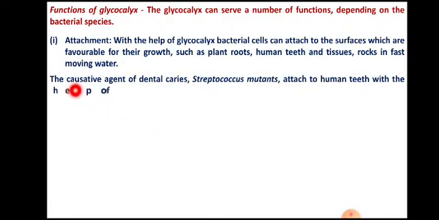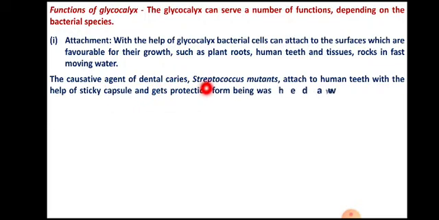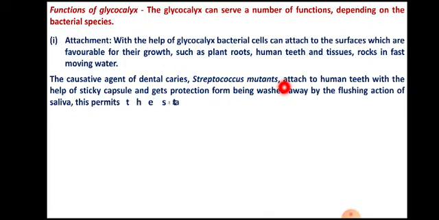The causative agent of dental caries is Streptococcus mutans, and this Streptococcus mutans remains bound to our teeth with the help of the sticky capsule and gets protection from being washed away by the flushing action of saliva, and this permits the start of the infection with dental plaque, and further it progresses to dental caries.